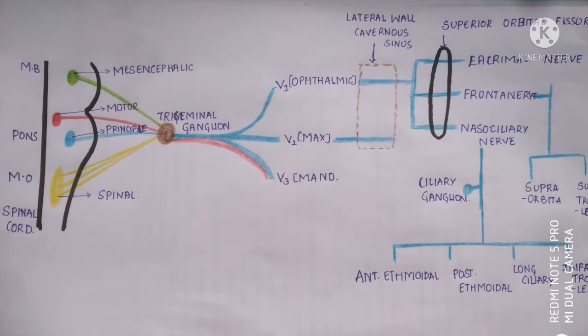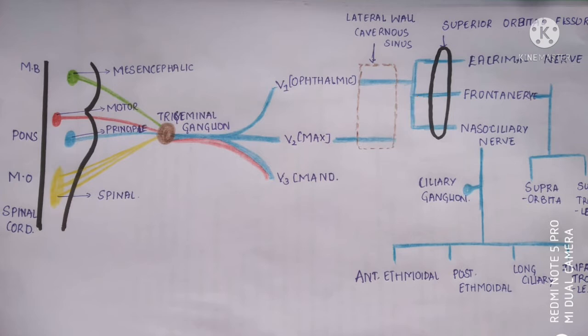Ophthalmic nerve leaves the cranium through the superior orbital fissure. Before it passes through the superior orbital fissure, it divides into 3 branches. Then it passes through the superior orbital fissure.